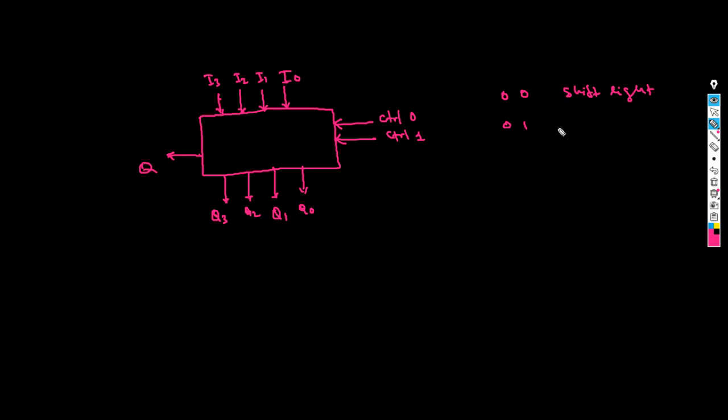Now 0 1, shift left, and 1 0, it is serial in, serial out. So something like this. Now a universal shift register is basically a system where you have your control inputs, and based on that, the operations would be carried out.